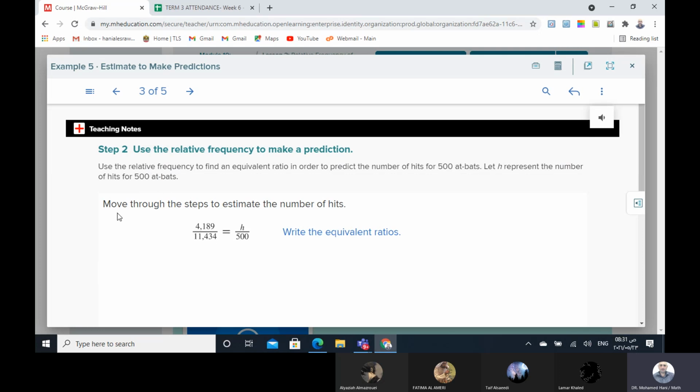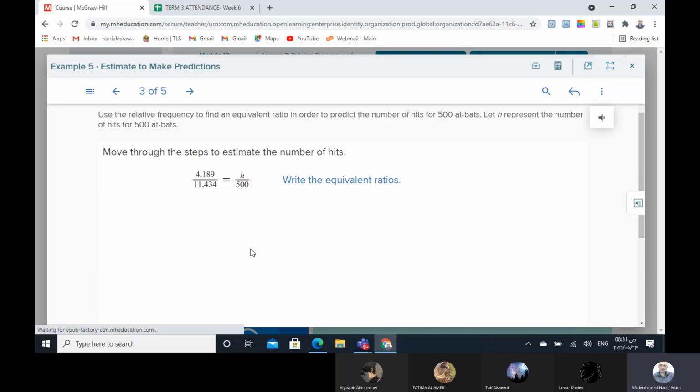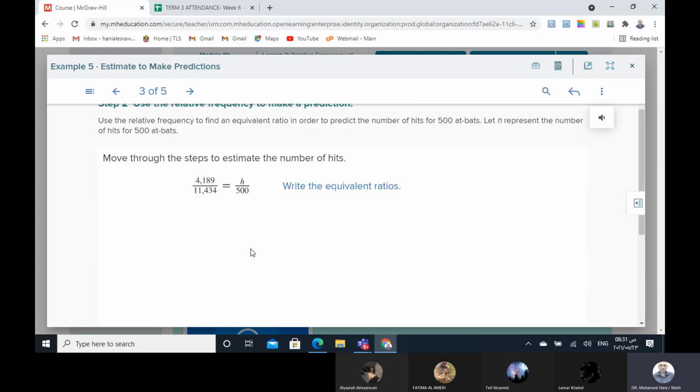As you see here, the same ratio, and here we have the missing value representing H, and here we have 500. So who can tell me how to find the value of H?